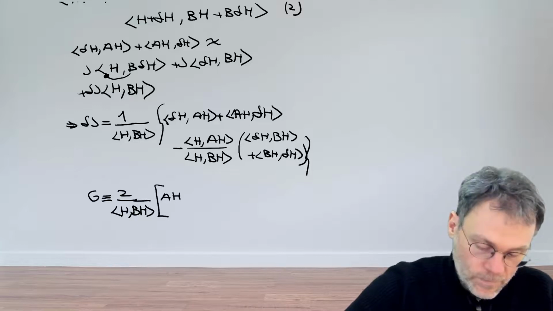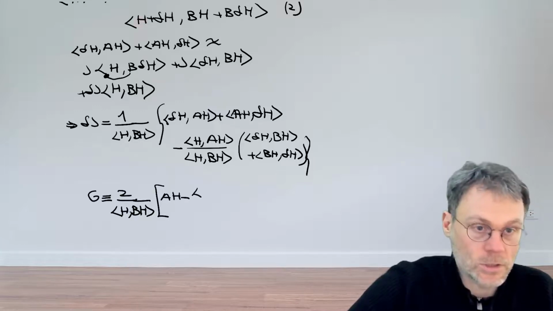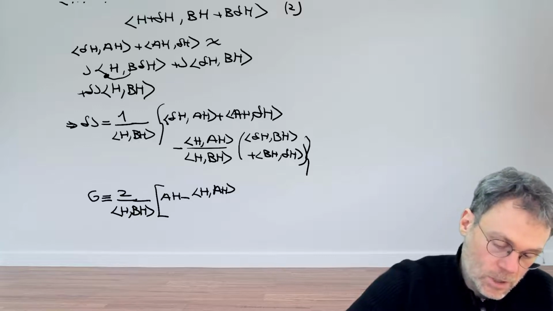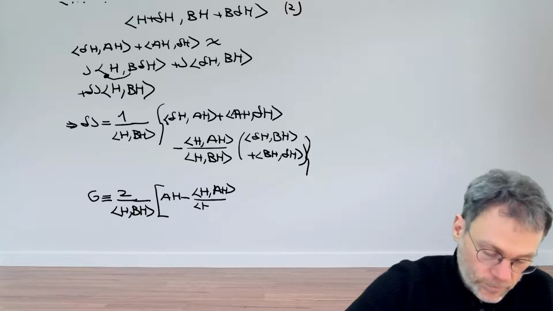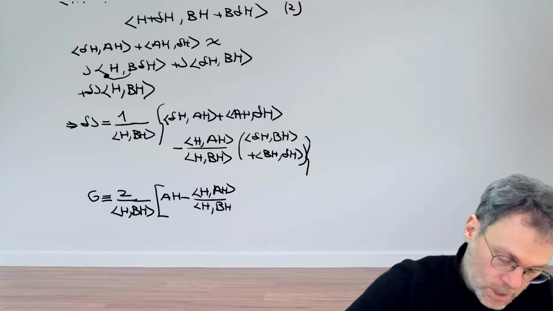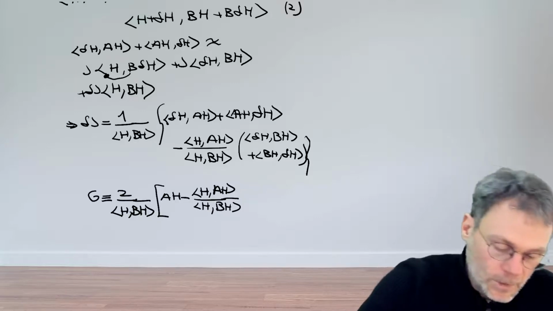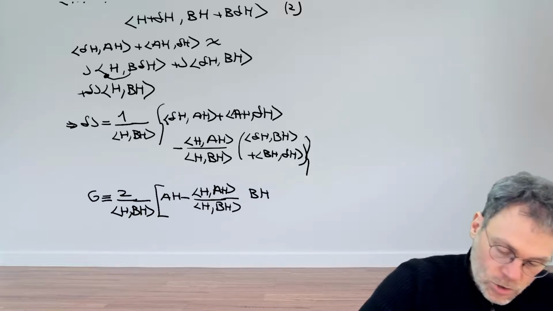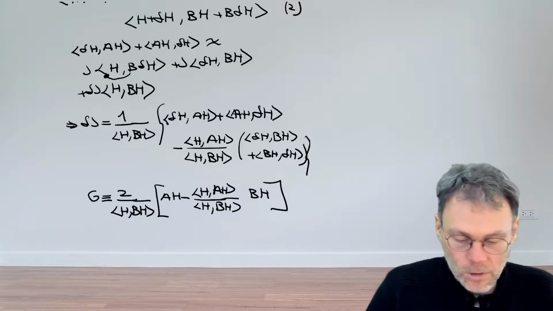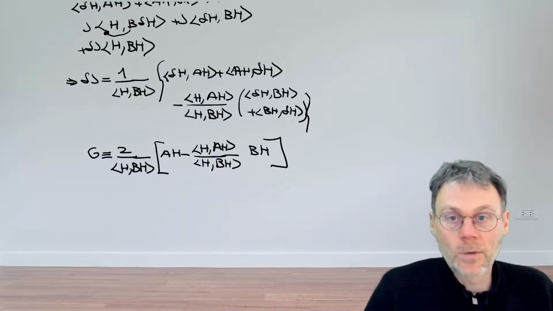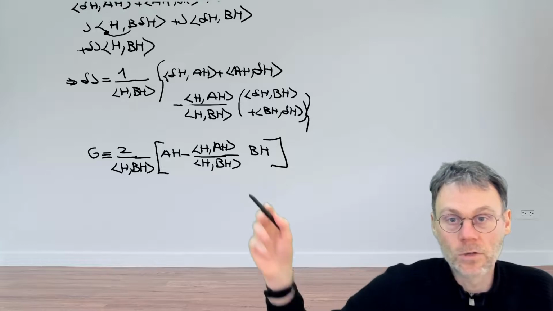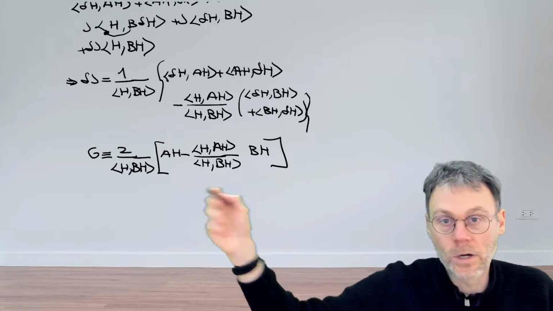And then we have AH minus our J, which is this ratio over here. So this is a ratio of two scalar products. So again, this is just a number, as you know. Then we have BH over there. So again, very much inspired by what we do in the course notes, just making sure that we add some B's where it's appropriate.